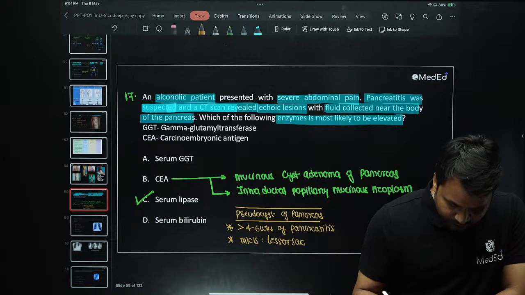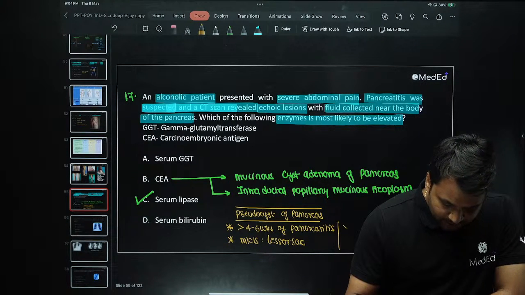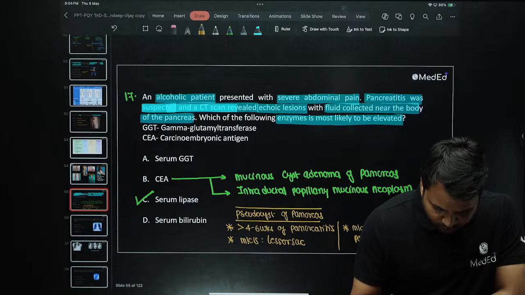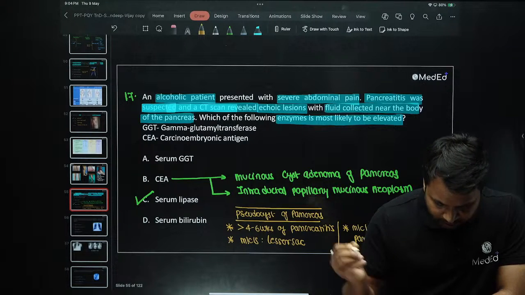But if I change the question to the most common site in the pancreas, then the answer is body of pancreas. It is the body of pancreas, right?